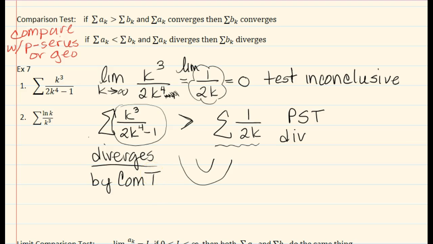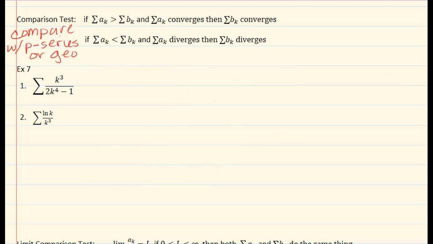Let's take a look at the second example. In our second example, we can also take the divergence test, and it says take the limit as k goes to infinity of the natural log of k over k cubed. If we plug in infinity, we're going to get infinity over infinity, which means we can use L'Hopital's rule. So let's do that.